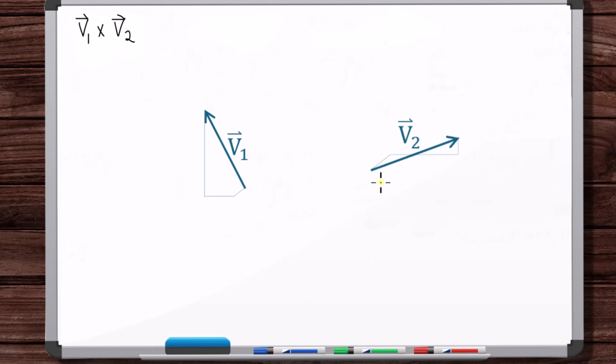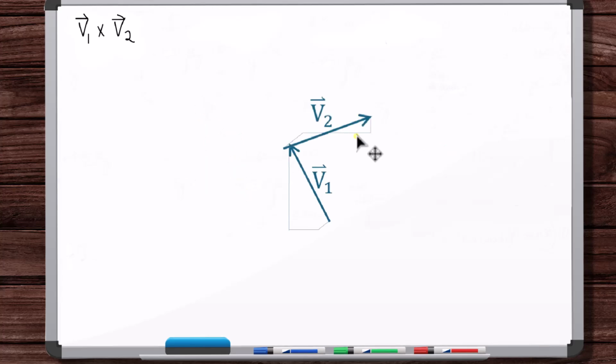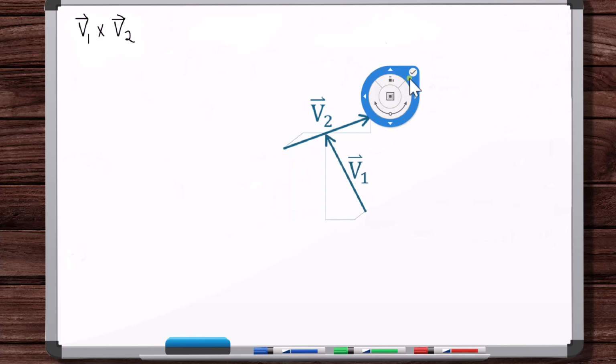For example, if V2 was a force vector and V1 was a wrench, like an actual wrench you would get out of your tool shed, this was the length of the wrench, then you could think about, so if this is the length of the wrench and here's the bolt the wrench is fastened to. So this force, V2, isn't necessarily perpendicular to this axis of the wrench here. So you can see this isn't a perpendicular angle here.